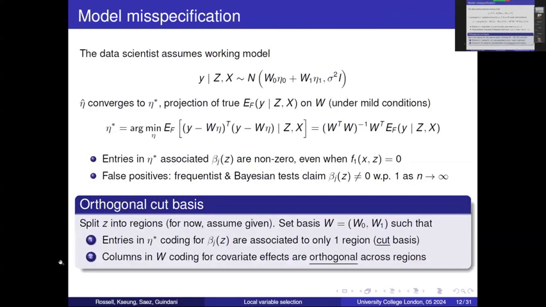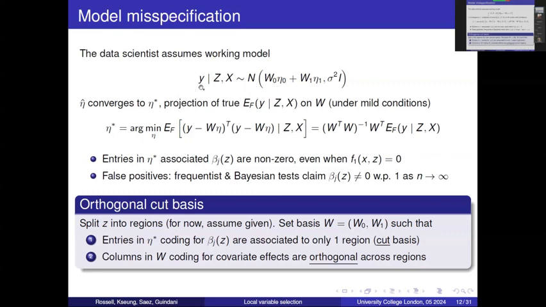Okay. Now let me talk a bit about model misspecification and how we get to prove that the strategy is going to be consistent. Going to consistently select only the local effects as time grows. So what I've said so far amounts to assuming this model, a Gaussian model.